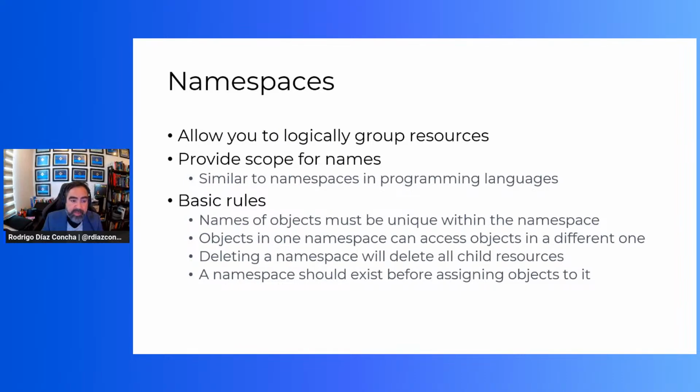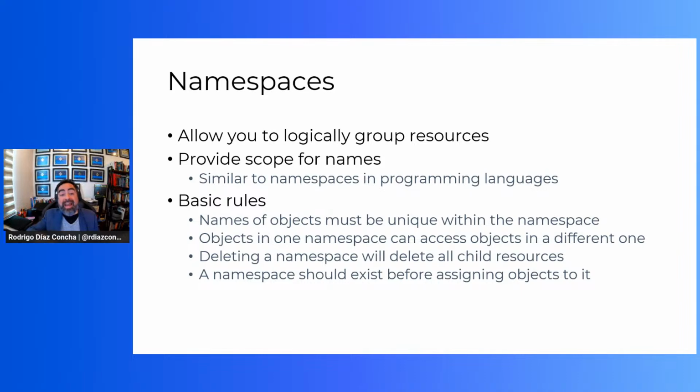So namespaces provide scope for names, not surprisingly, and they're similar to namespaces in programming languages. For instance, you can create this my-app pod inside the default namespace, and you can't deploy another pod with the same name because it already exists in that particular namespace, right?